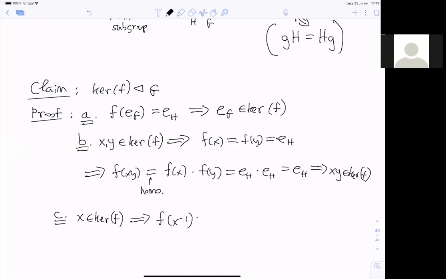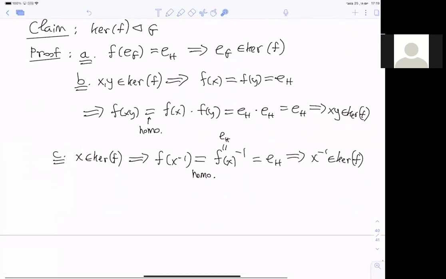But we know that if f is a homomorphism, we have shown that f of x inverse equals f(x) inverse. But this is e_H. So also x minus 1 belongs to the kernel, because everything that goes to the neutral element belongs to the kernel by definition. Okay, so until now we have seen that it is a subgroup.